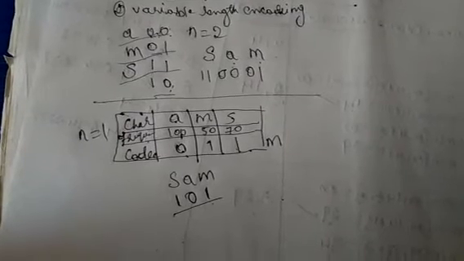If one character's code is given, for example, if n equals 1, if A equals 0, then M equals 1 or S equals 1. Here it can be easily identified by brute force technique. So this fixed length encoding is not considered a safe method.